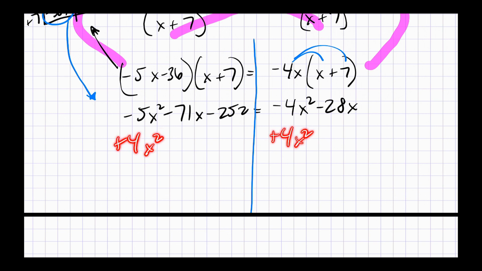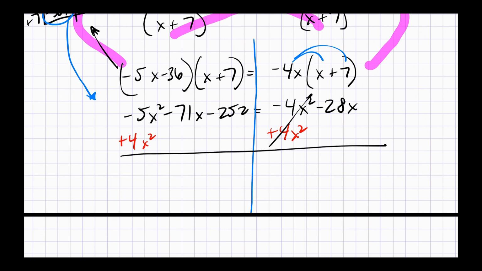As long as you do all the steps correctly, it does not matter. So I'll add 4x squared to both sides. I get negative 1x squared. Bring everything else down.